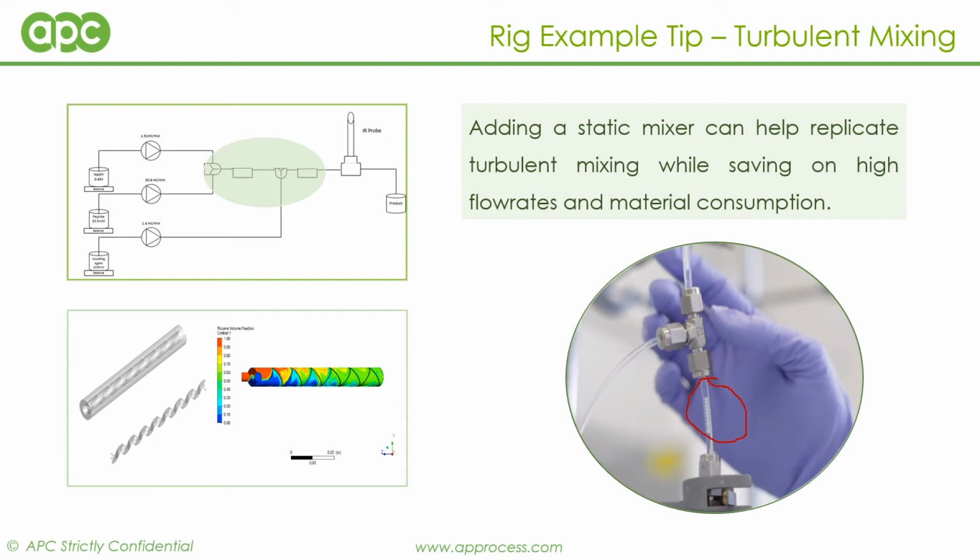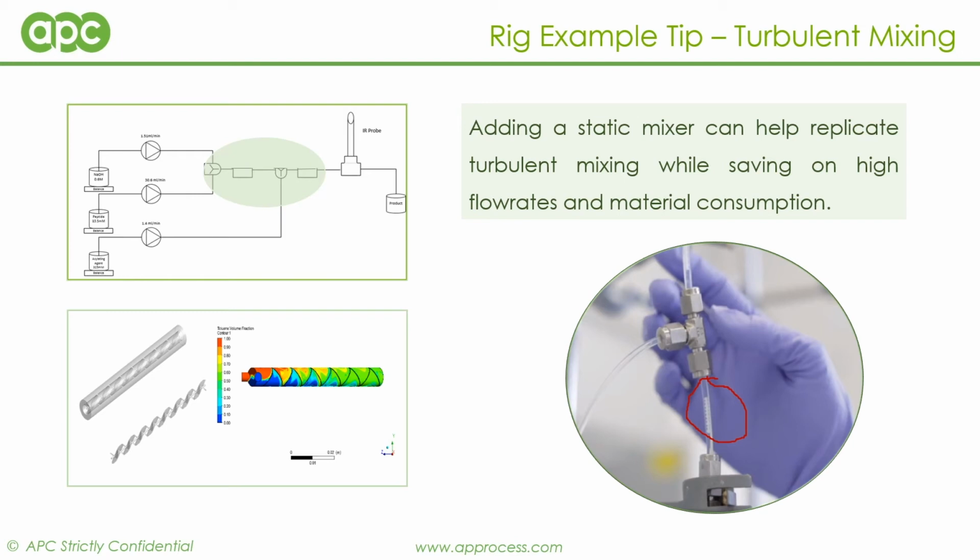So therefore, we can't just replicate the kind of mixing environments and the flow rates that we would have on scale. So therefore, turbulent mixing is often not achievable. By including one of these static mixers, we can replicate the kind of mixing environments that we would see on scale without jeopardizing the limited material that we might have.